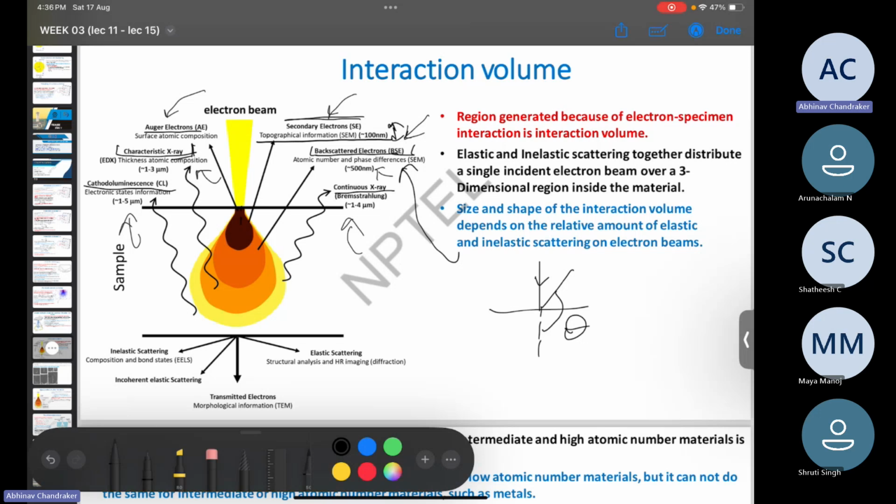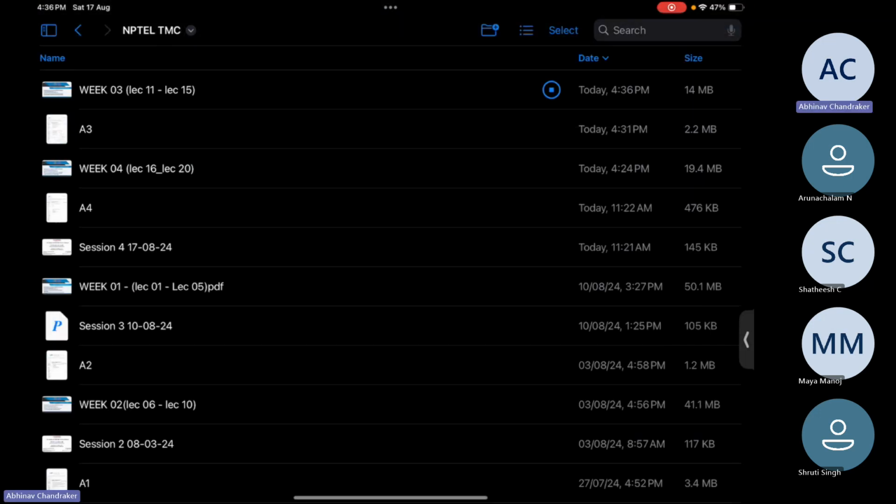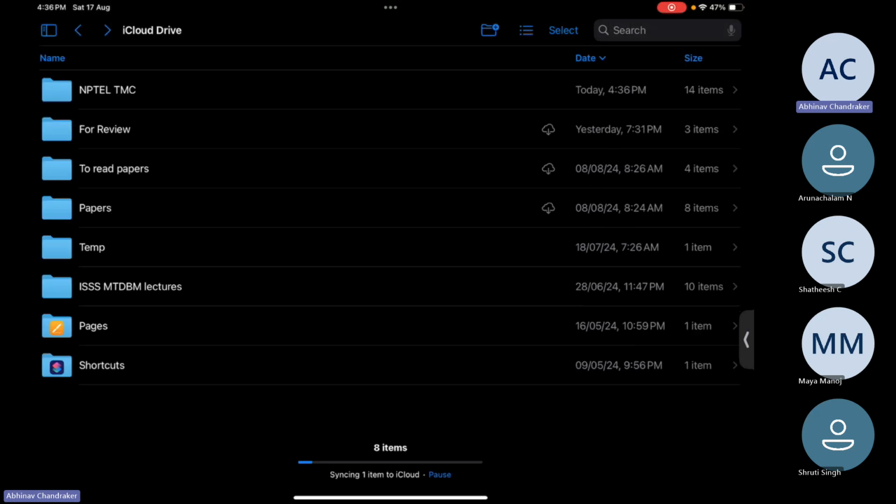But when they de-excite, they give characteristic X-rays, and using the information from these, we can get information related to the composition of the specimen, the atoms which make up that specimen. So the signals other than the secondary electrons can also be used, and these can give you information related to the defects as well as the composition of the specimen.